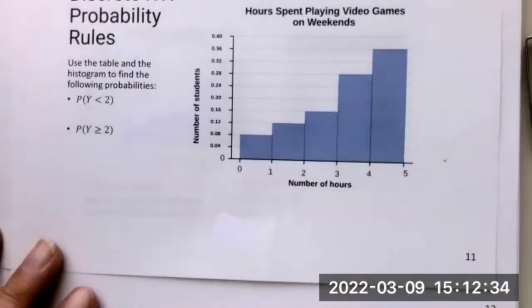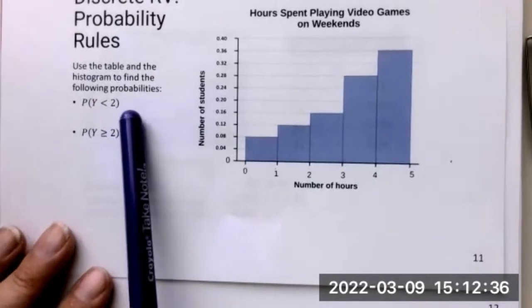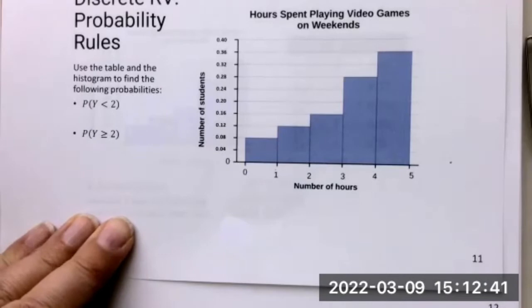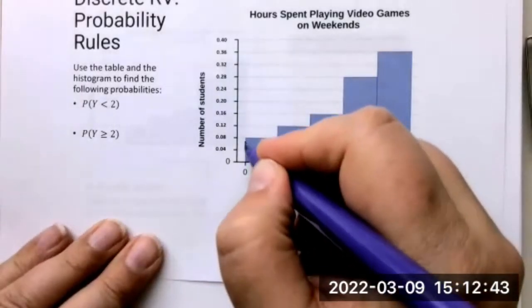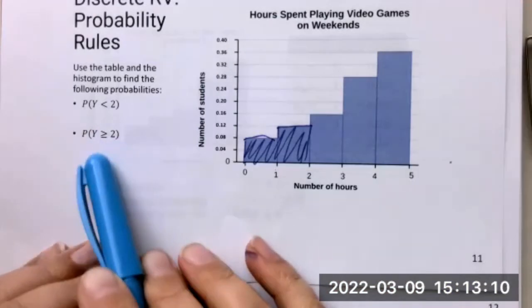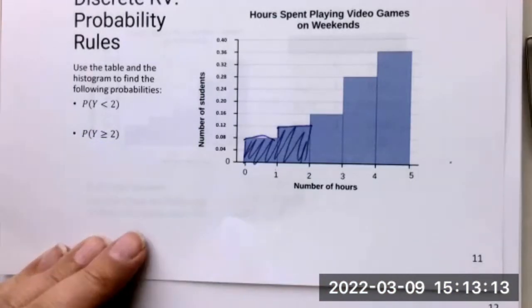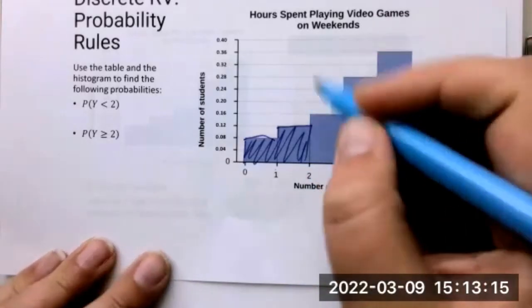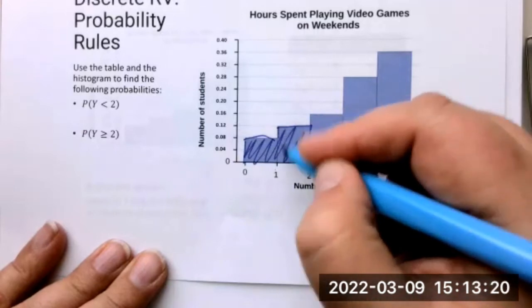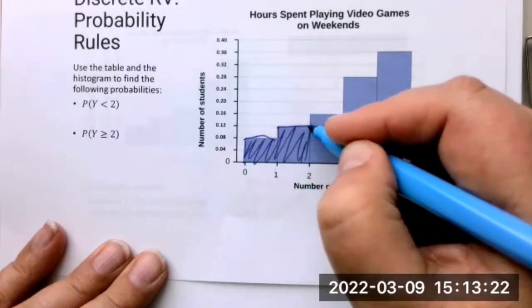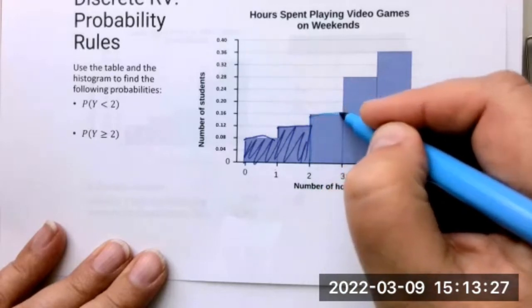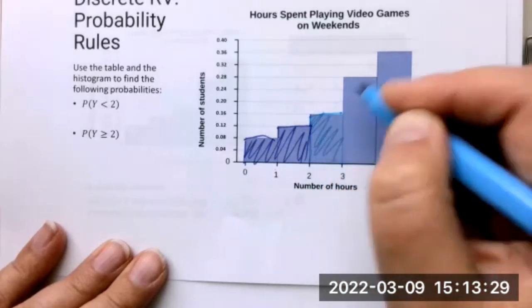All right, so let's talk about the probability that y is less than 2. Less than 2 could be 0 or 1, versus the probability that y is greater than or equal to 2. So 2 is included here. Remember, we said that this bar is not including the right end, it's not including 2, but the next one right after this is including 2.